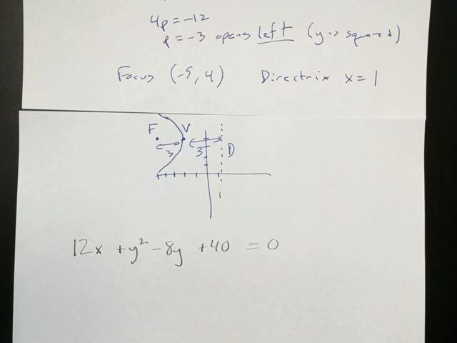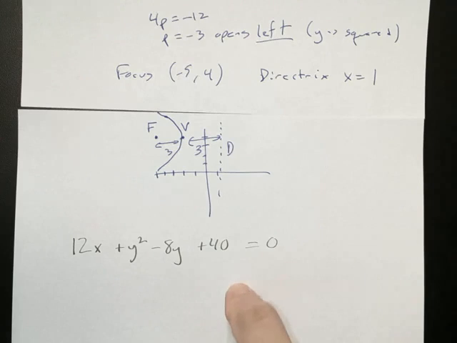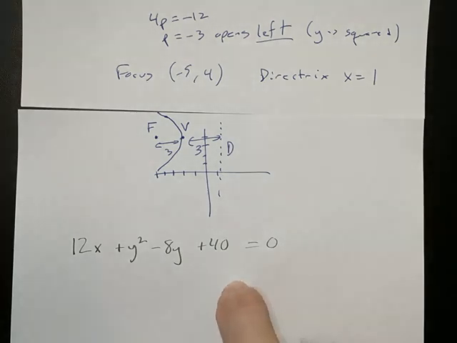Which means I should be able to rearrange this to look like the formula I want. Crap. I've got to go all the way back to chapter 2, before we had the quadratic formula, to a process called completing the square.